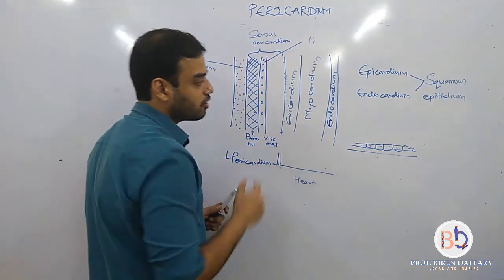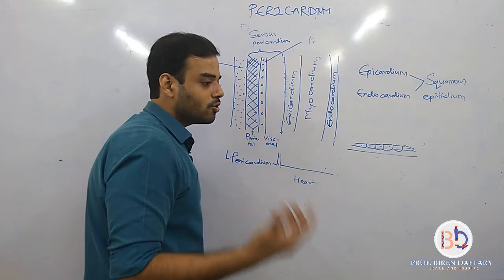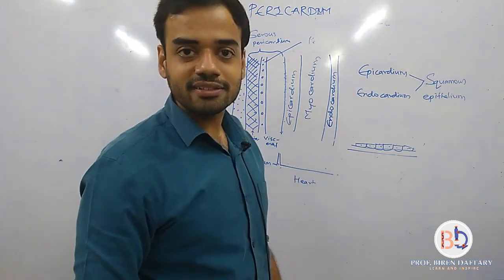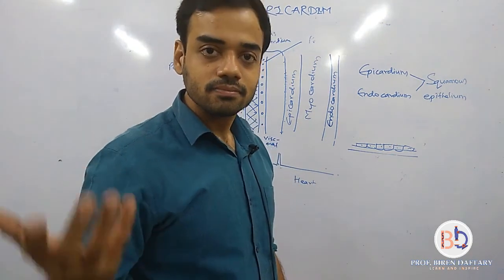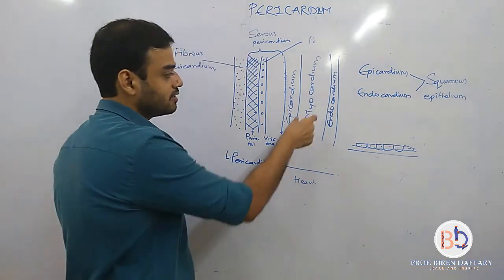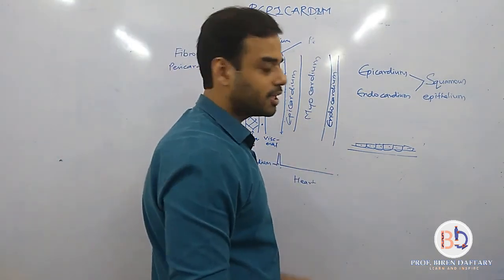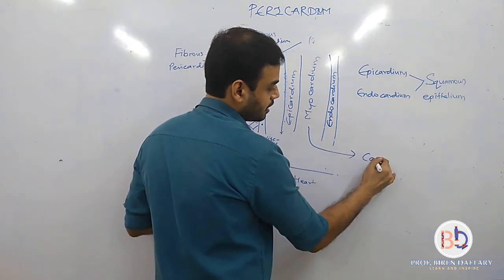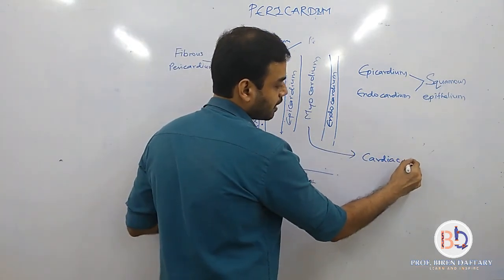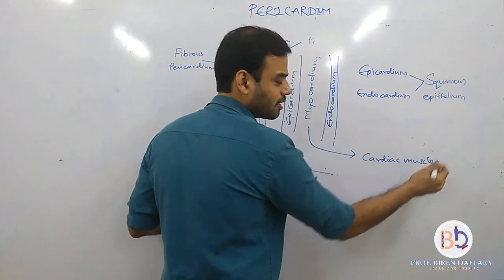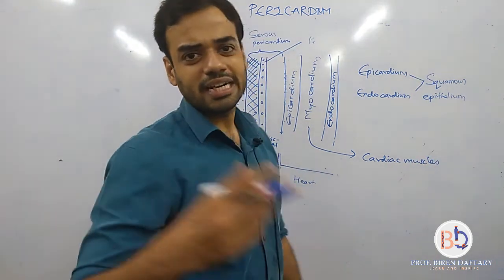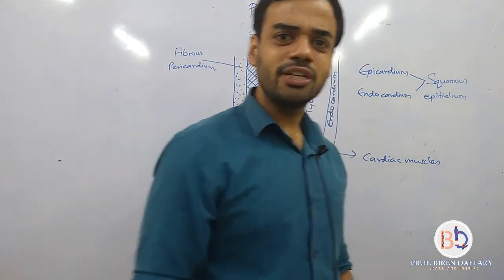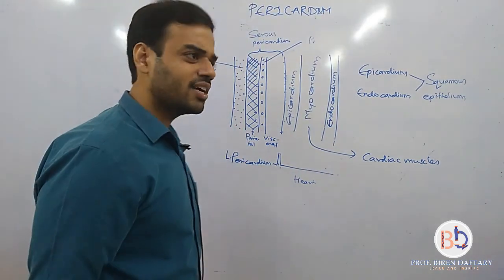What is the function of myocardium? Myocardium's function is contraction, relaxation. Are you getting my point? This is made up of what? This is made up of cardiac muscle fibers. So I will write down over here, made up of cardiac muscles. Do you remember cardiac muscle structure? Intercalated disc, uninucleated, striated, all that.